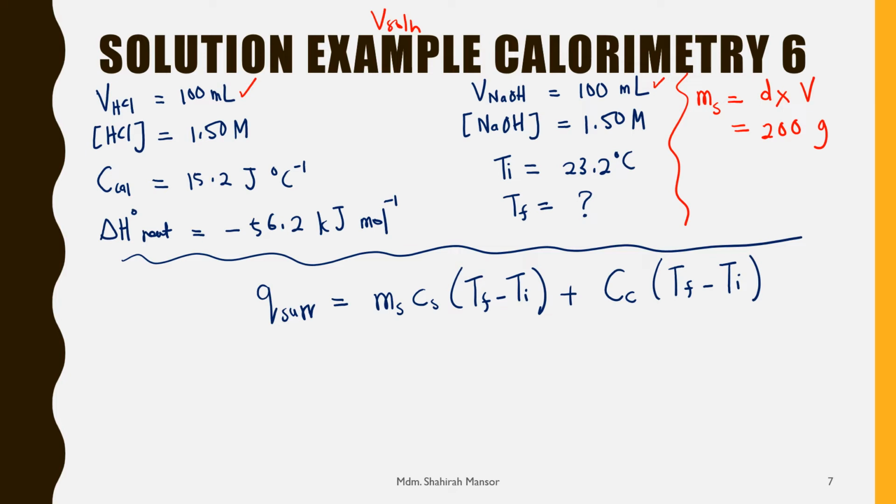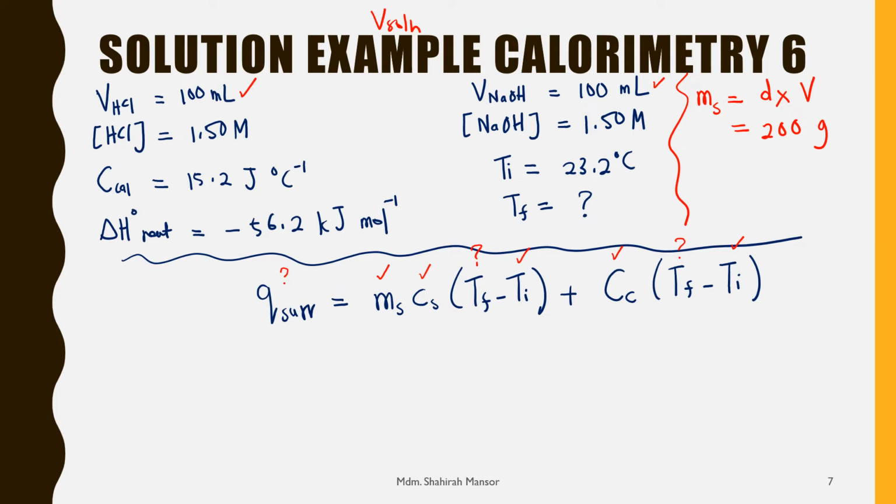Okay, so daripada this formula, now kita dah ada mass of solution, kita ada specific heat capacity of the solution, yang TF kita tak tahu, TI kita tahu. Okay, heat capacity of calorimeter pun kita tahu, ini kita tahu, ini kita tak tahu. Okay, and Q surrounding pun kita tak tahu di sini.